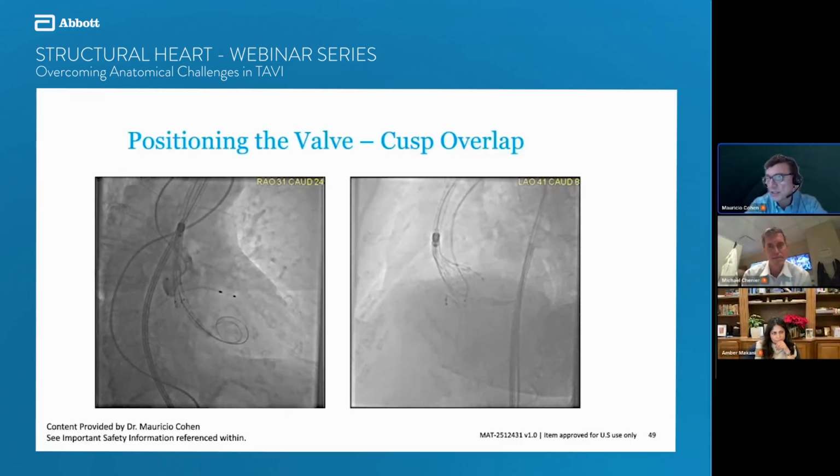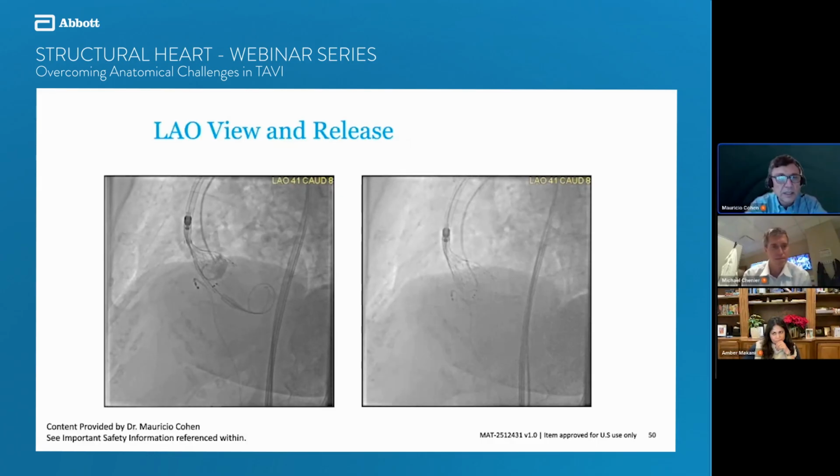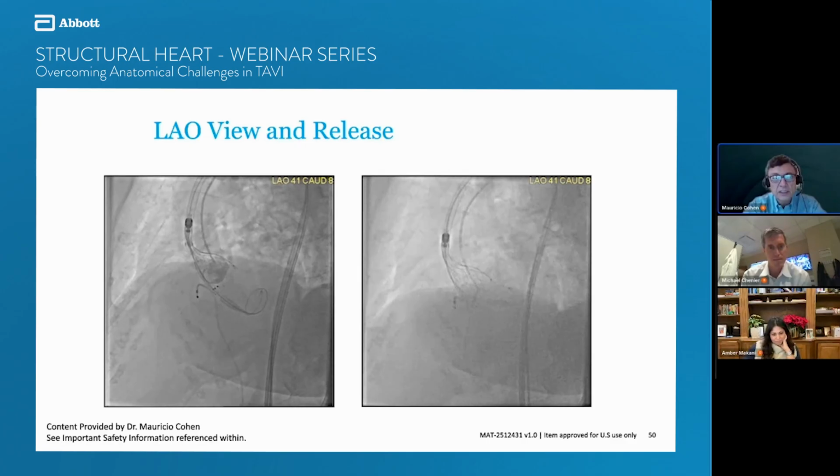So next slide. In this case, we were happy with the depth of the valve, so we decided to just go ahead and release. And one thing about this valve is that it stays in the same place. We have seen the other self-expanding valve that, when you release, usually does whatever it wants.